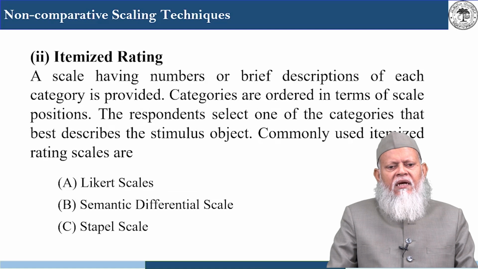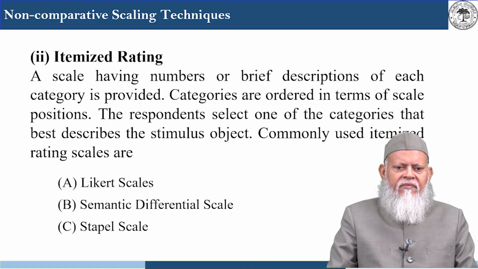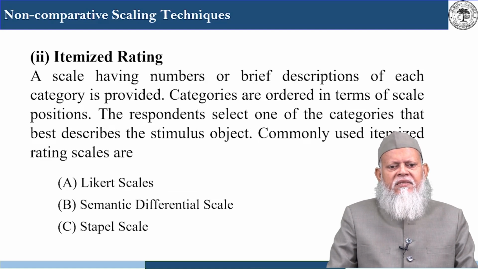Then comes the itemized rating. What is that? A scale having numbers or brief descriptions of each category is provided. Categories are ordered in terms of scale positions. The respondent selects one of the categories that best describes the stimulus object.